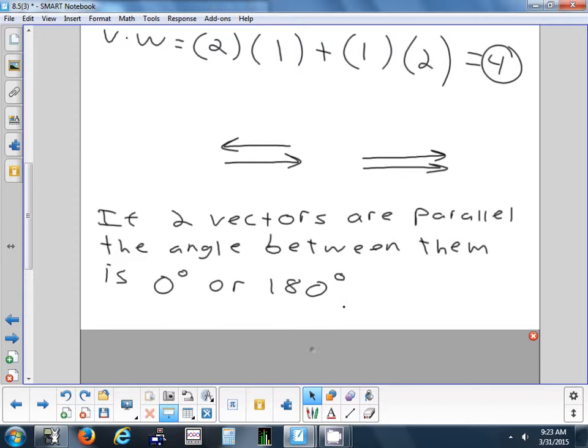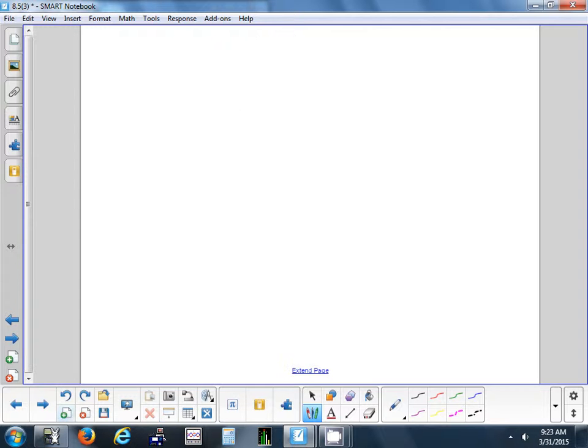All right, so let's see if there's any kind of shortcut with that. Let's check 0 first. So it would be dot product over the product of the magnitudes. What's the cosine of 0? Yeah, it's 1.